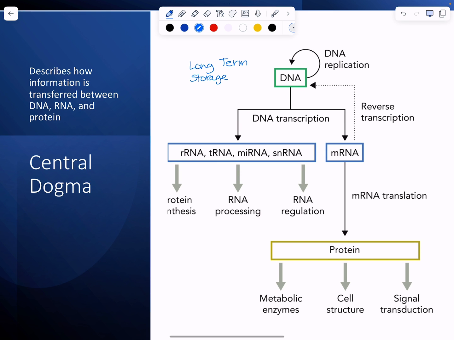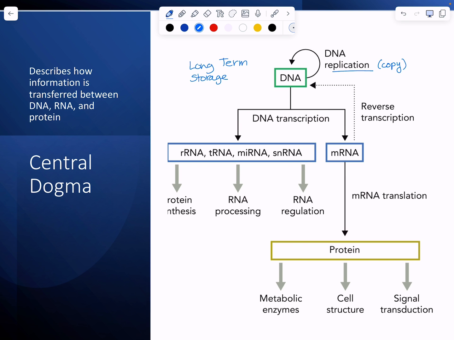And that long-term storage molecule can be copied, as in replication, or that information can be mobilized to have some type of cellular response.